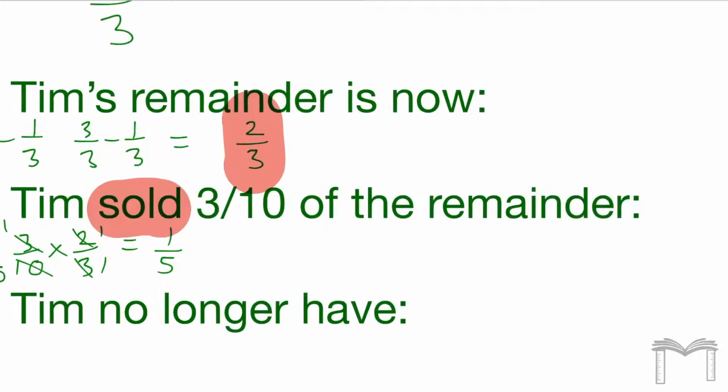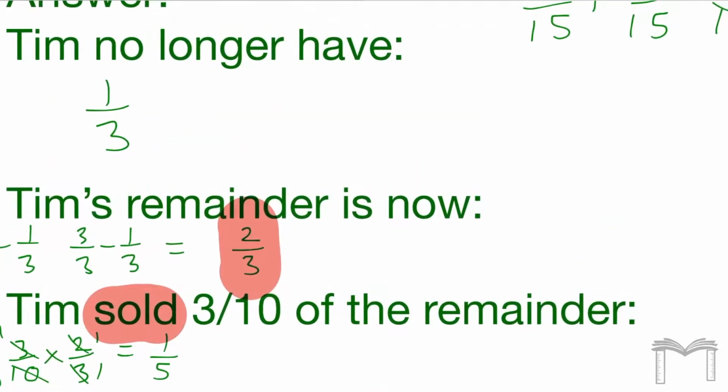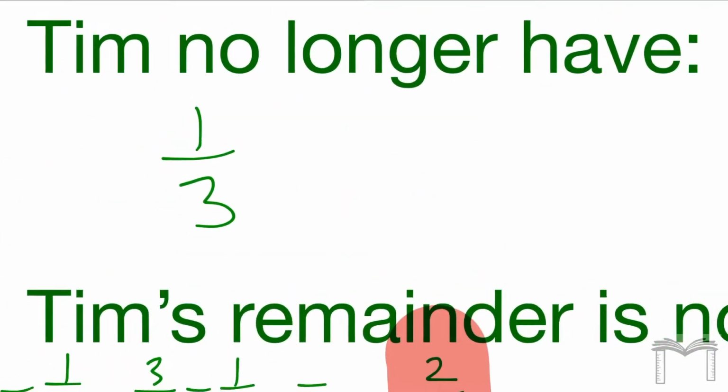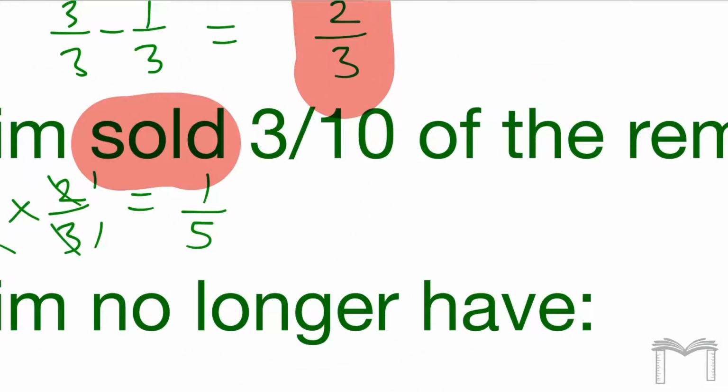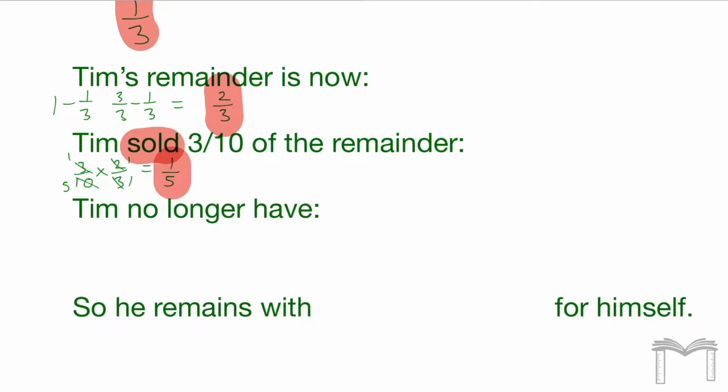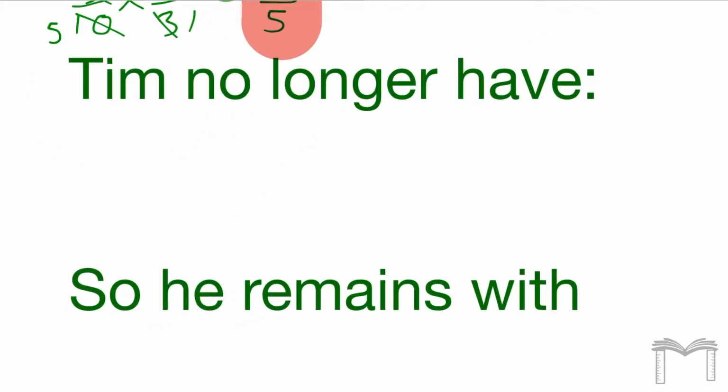Okay, so Tim no longer has the 1/3 that he gave away, and he no longer has the 1/5 that was sold. So we simply need to add these two fractions together.